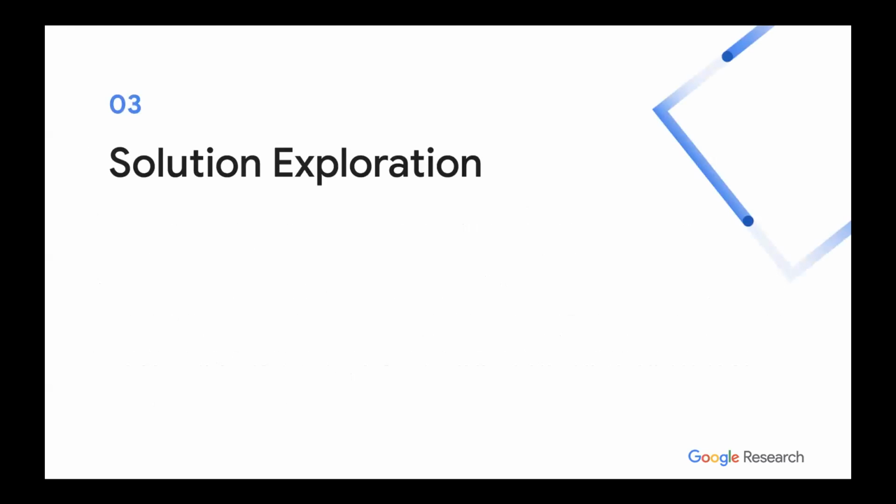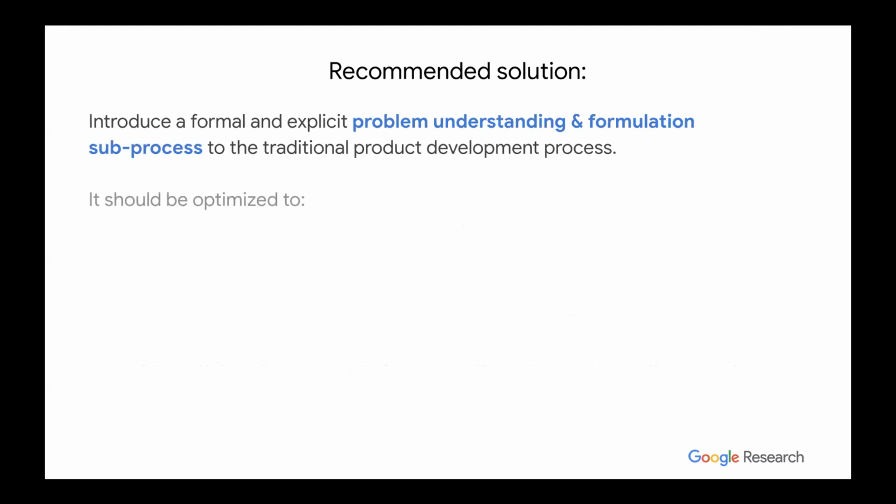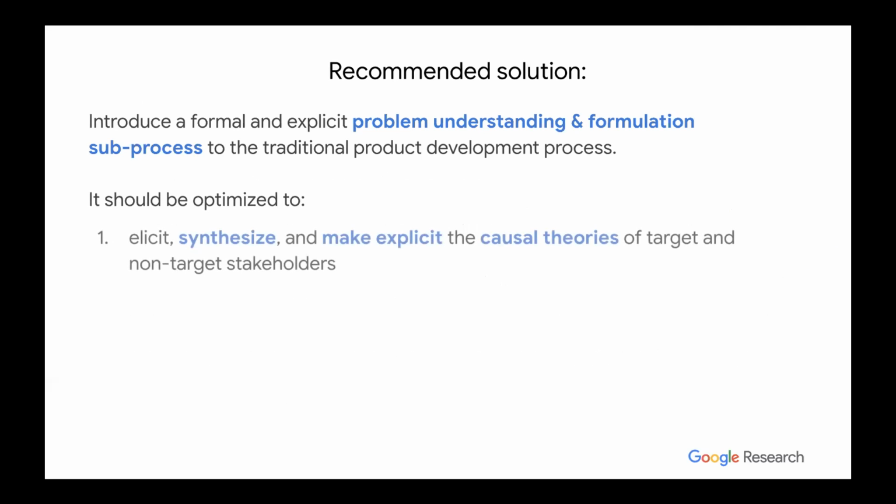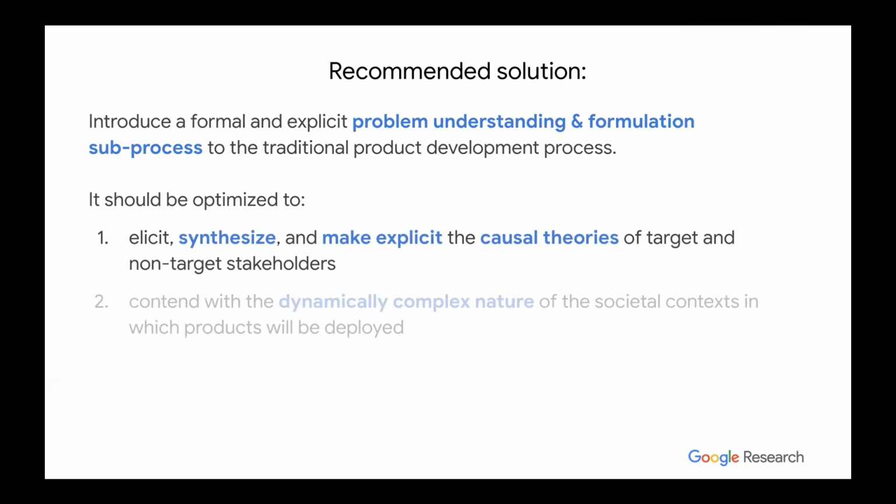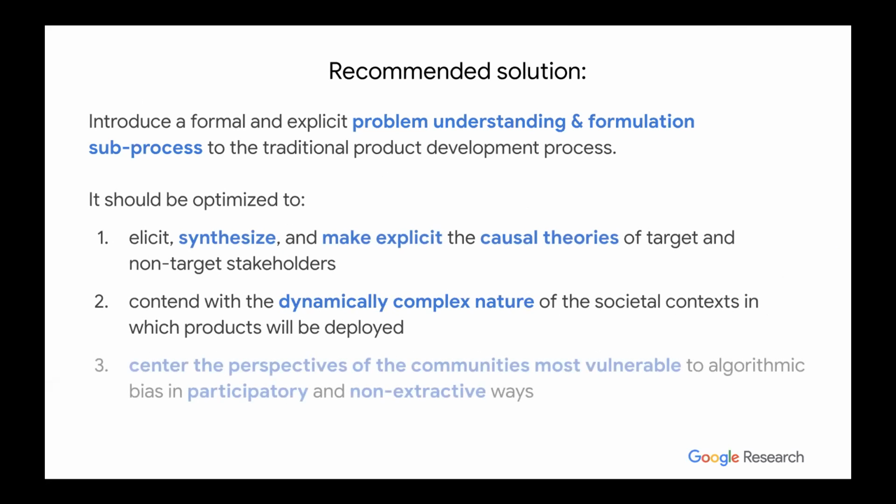And so our approach in terms of exploring solutions was we should introduce a formal and explicit problem understanding and formulation sub-process to the traditional product development process. And that new sub-process needs to be optimized to elicit, synthesize, and make explicit the causal theories of both target and non-target stakeholders. So not just the market you're targeting, but also folks who could be impacted because you're going to be intervening on a healthcare system, even if you're not trying to sell a product to them.